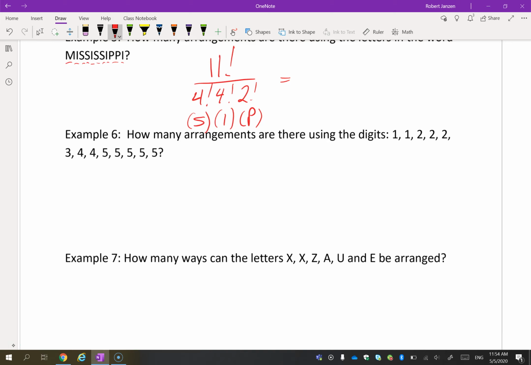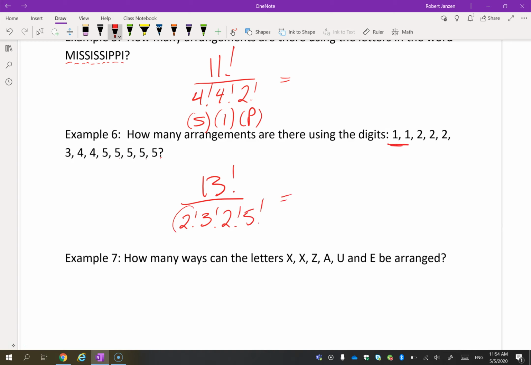Identical question here. 1, 2, 3, 4, 5, 6, 7, 8, 9, 10, 11, 12, 13. There are 13 numbers, but there are repeats. There are 2 1s. There are 3 2s. There are 2 4s. And there are 5 5s. Okay?